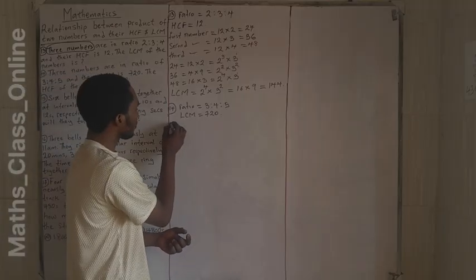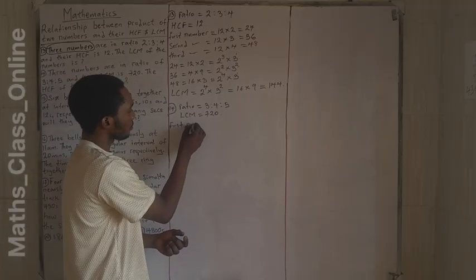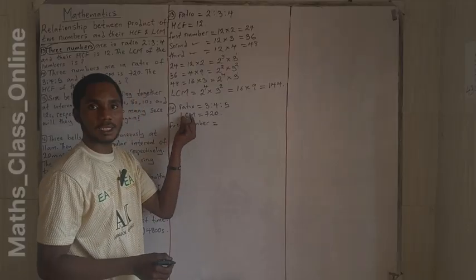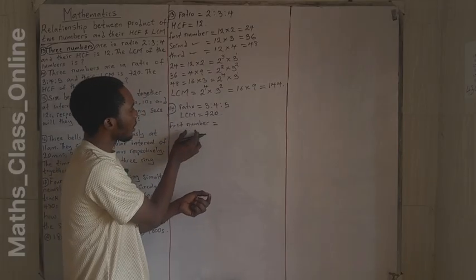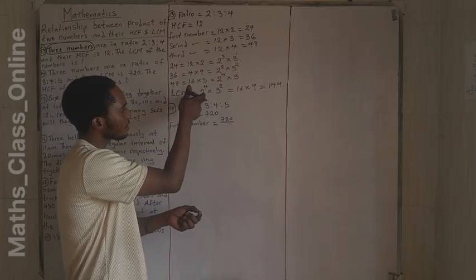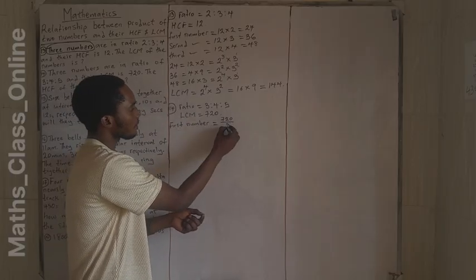The first number. Since we are given the LCM, that means the first number will be the LCM 720 divided by the first number we have in the ratio, that is 3.